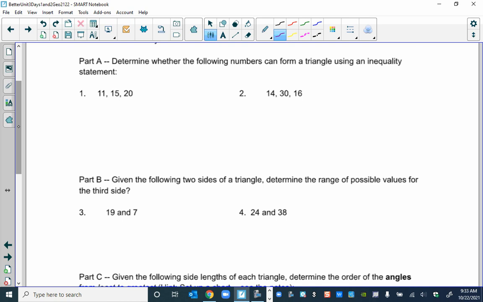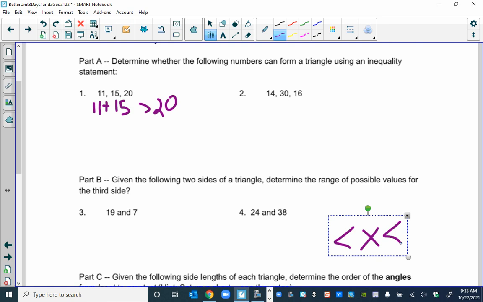So, really quick on the homework. Part A and B, this was from the first day. Basically, add up your smaller numbers. Check, is it bigger than the larger? Part B, this is where it's less than X, less than whatever.